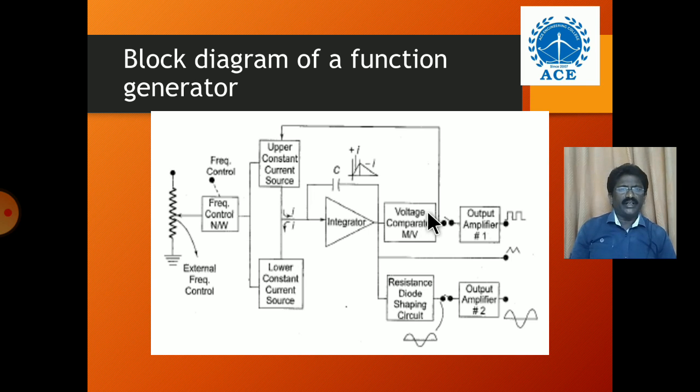When the predetermined level is reached, it changes state and switches the current source. This produces a square wave, depending upon the operation of the integrator with the help of the upper constant current source and lower constant current source.